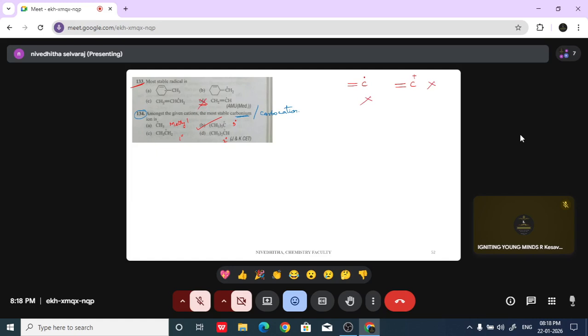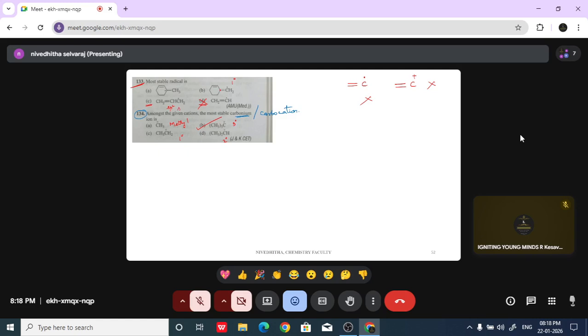Now we'll check the second option. This is the carbon with only one electron, and it is connected with only one R group. So it is primary. How about this one, option C? The odd electron carbon is connected with an sp2 hybridized carbon.